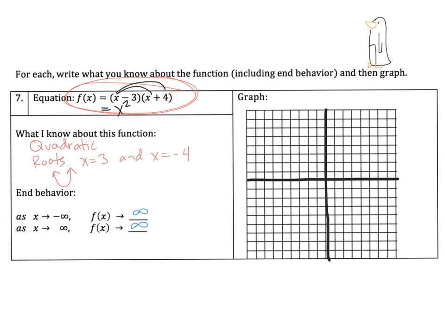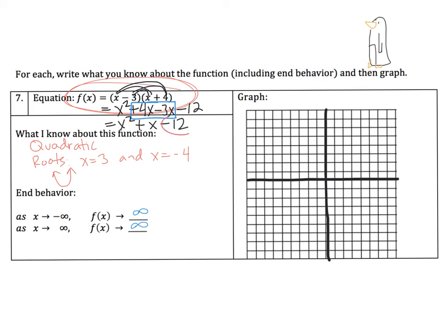Then you get x times 4, which is 4x. Then you do the inside, so minus 3x. And then you do -3 times 4 is -12. And then I can combine these two things in the middle right here. So what I end up with is x squared plus 1x minus 12.